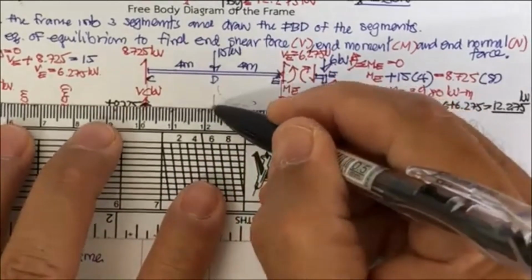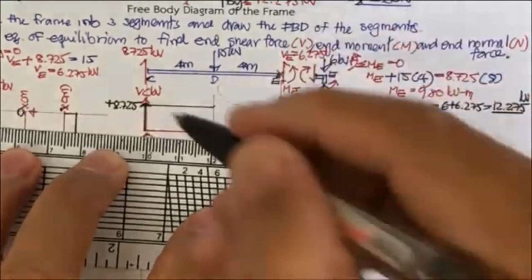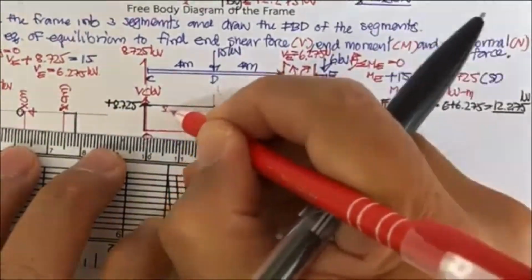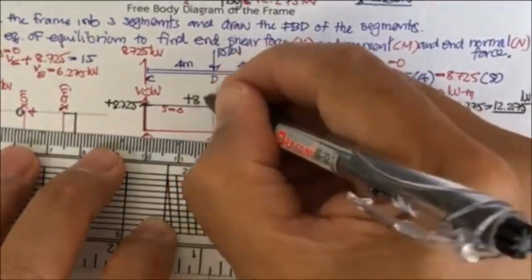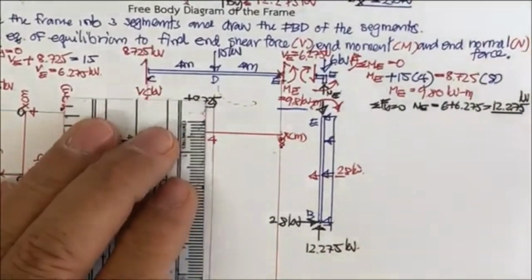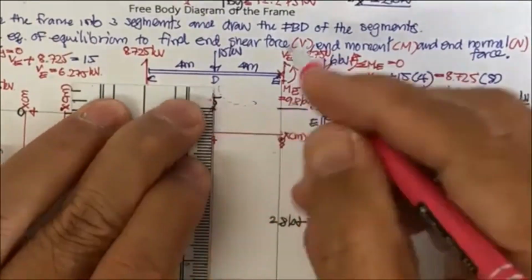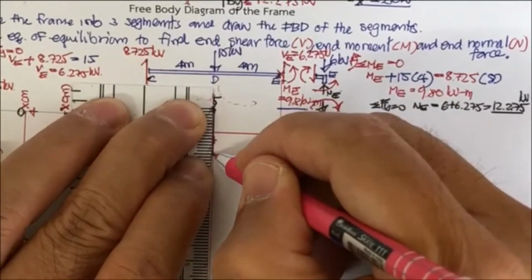So the dV by dx is 0. So this one is constant, and the slope is 0. Then you have this one plus 8.725. And the 15 is going to take this point down by 15 millimeters.